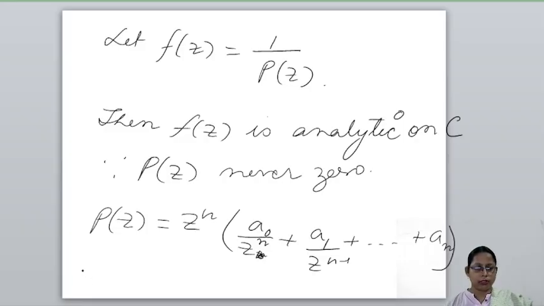Next, take the modulus, that is, modulus of p(z) will be modulus of the right hand side.